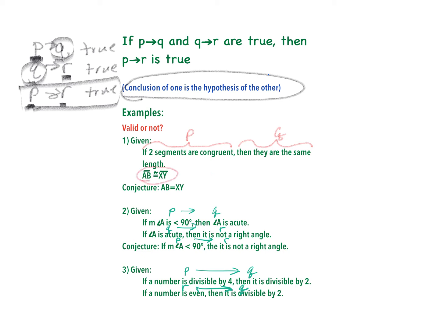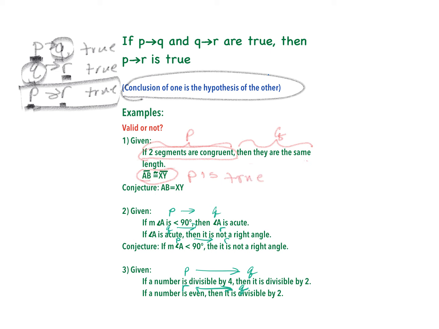Well, here, this statement, segment AB is congruent to segment XY, is saying that the two segments are congruent. So it's telling me that my two segments are congruent because AB is congruent to XY. So P is true.